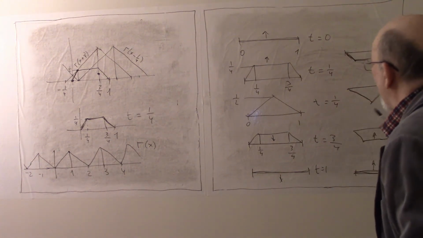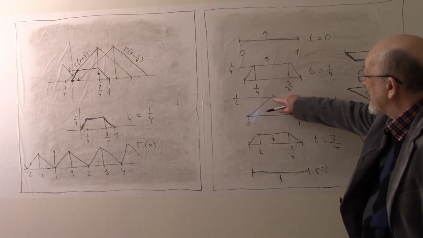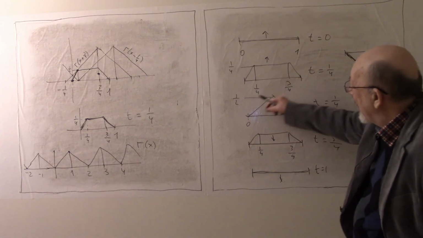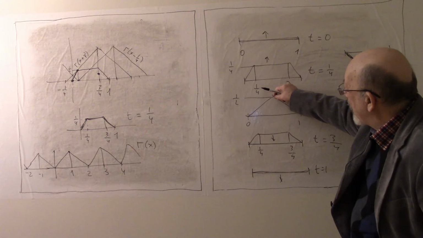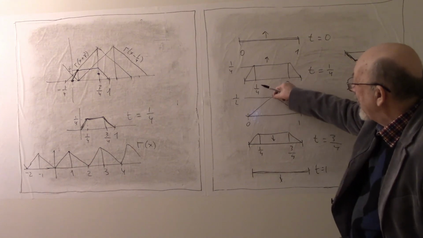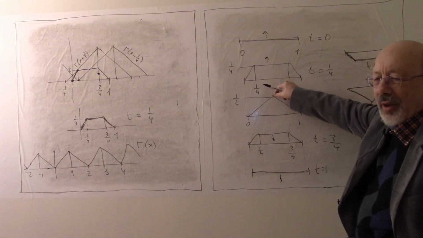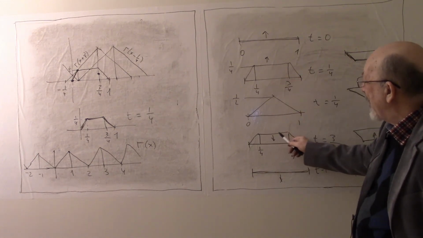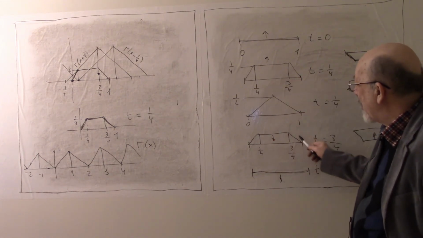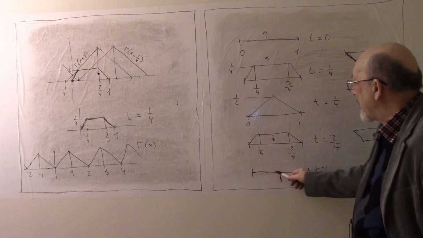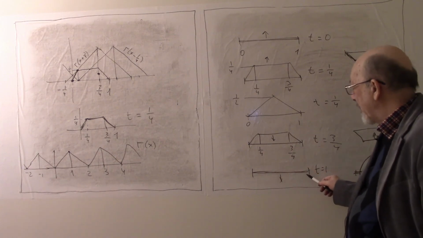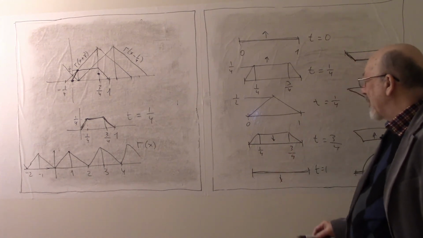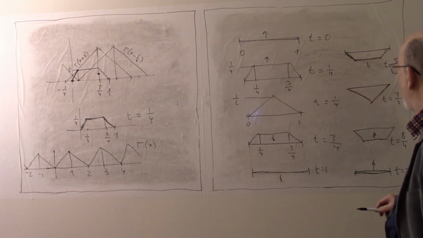Just imagine, let us start from this situation. We fixed the end points of the string, and then we took the midpoint of the string, pulled it a little bit up, and then released. So what will happen? We will see this picture. Then the string will return to the straight line, but it has velocity directed down.